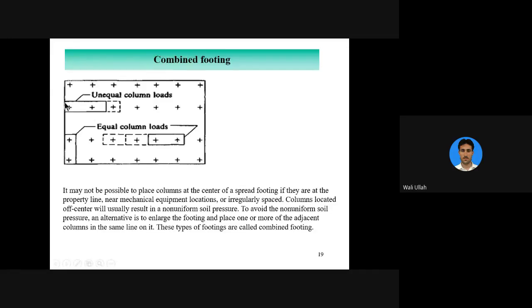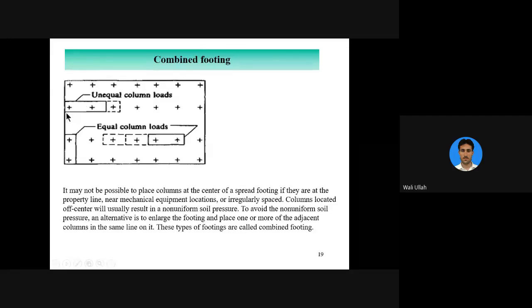Combined footing. What is combined footing? That is the animation. Combined footing is the one where you combine the foundation of 2 or 3 footings. This is called combined footing. It has 3 types.